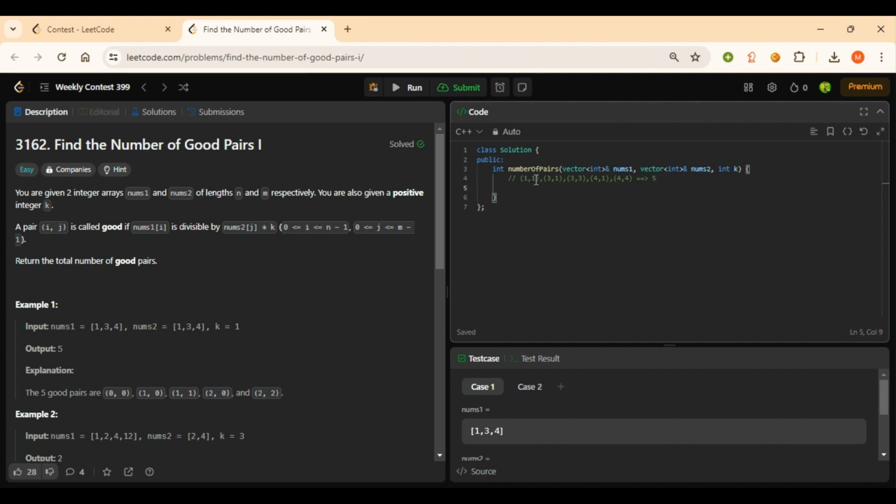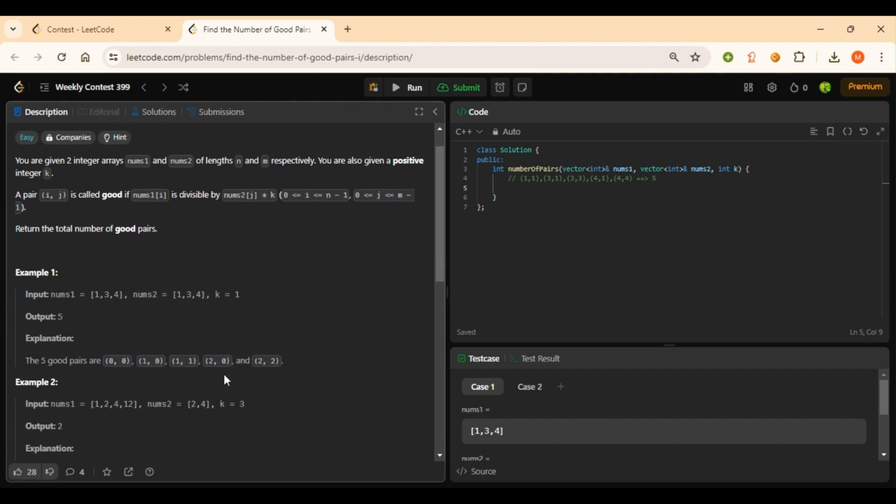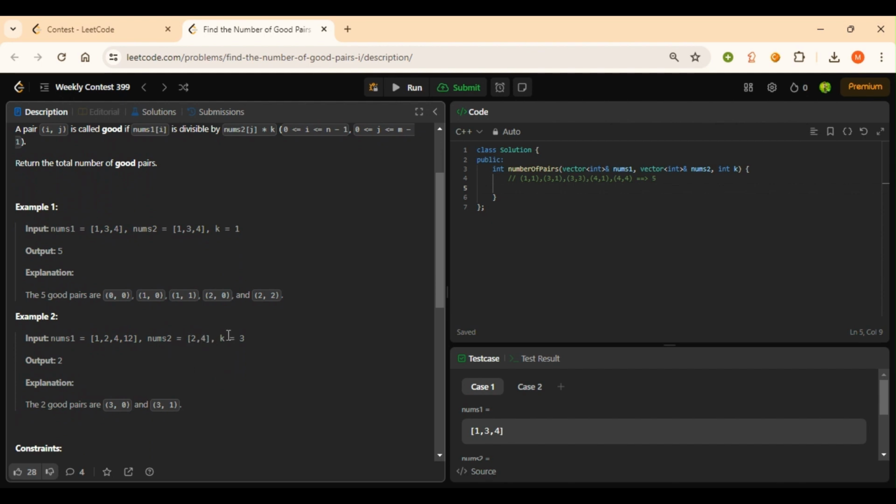Similarly, you need to find how many pairs. Since k is 1, this array must remain the same. If we take this example, nums1 is 2, 4 and k is 3. So what's the intuition here? The nums2 will become 6 and 12.